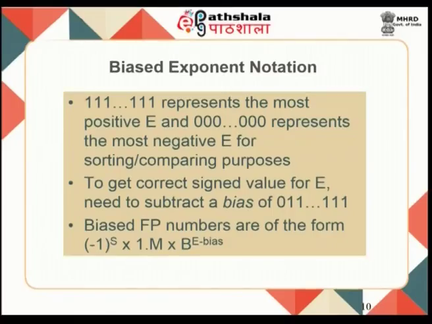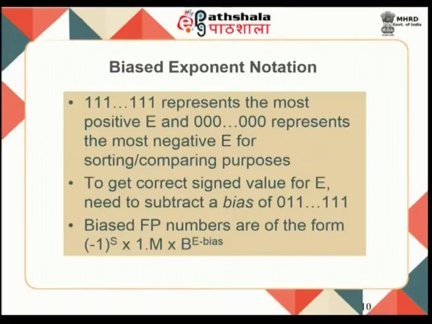So, for example, when you have all ones, that represents the most positive exponent value, and all zeros represents the most negative exponent value. Rather than a 2's complement representation, when you go in for a biased representation with all zeros representing the most negative and all ones representing the most positive value, it becomes very easy for sorting and comparison purposes.